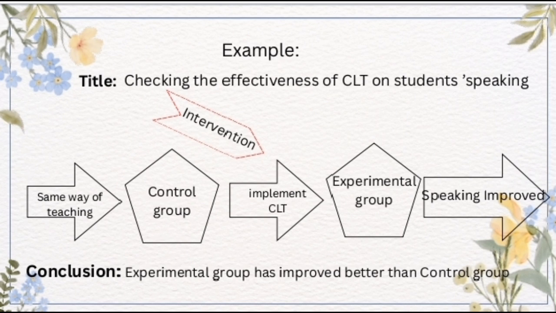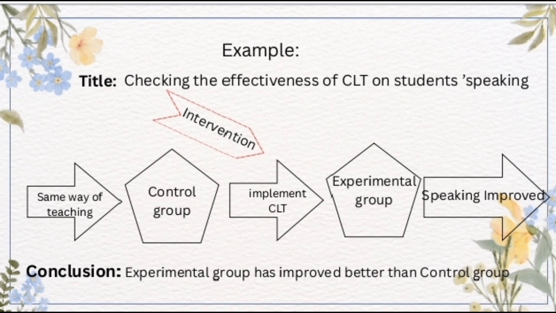So now the intervention has been implemented on the experimental group. After a specific period of time, we will conduct a post-test to check the results, whether our intervention is successful or not. So has speaking proficiency improved or not through CLT as compared to the students of the control group?